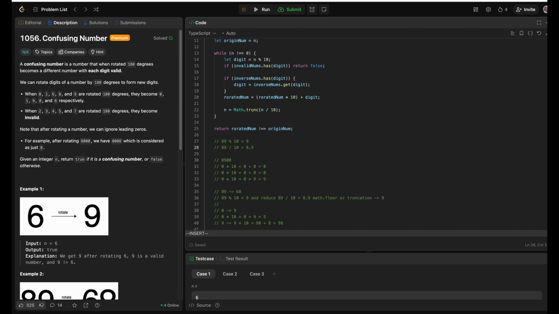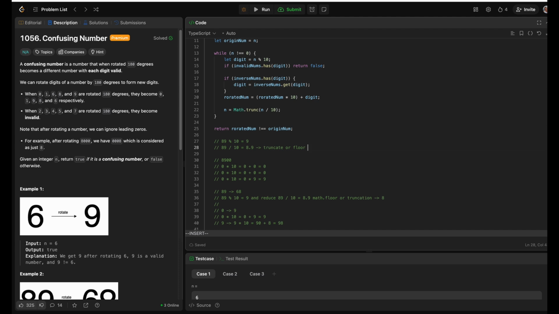Then we apply a truncate or floor operation to remove the rightmost digit of this number, just to imitate removing. Because we took this rightmost digit, now we are going to remove it from the number.